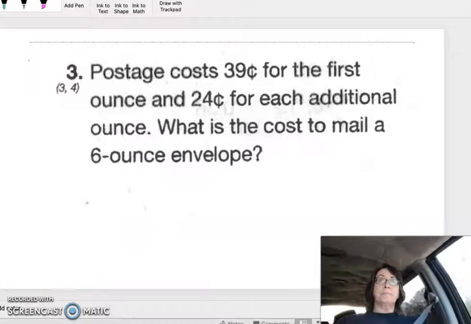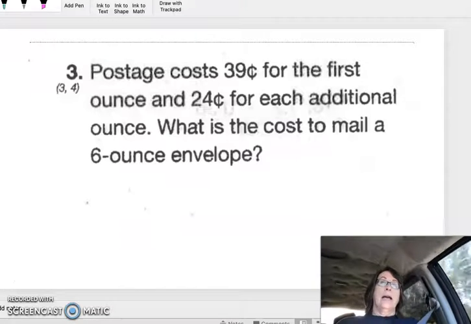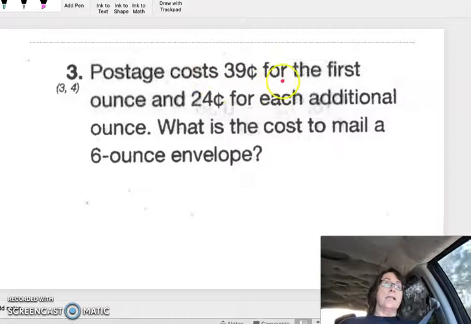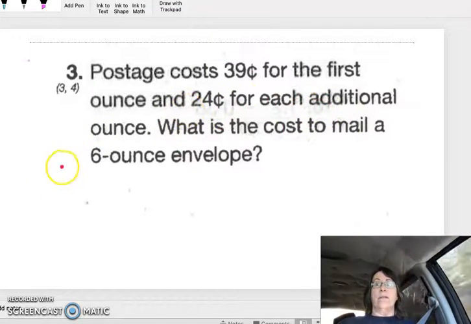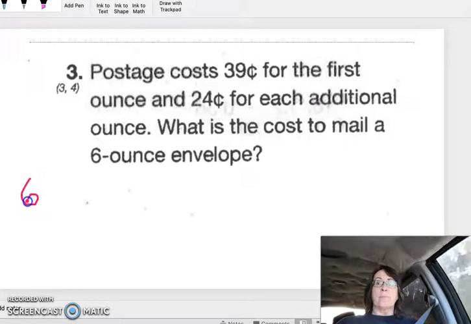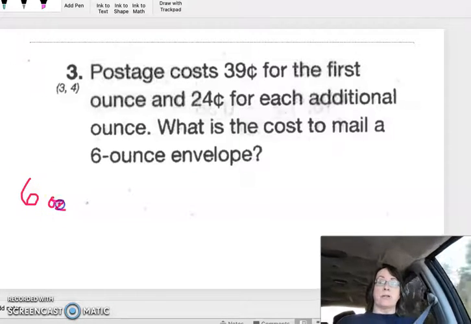$4.80. Number 3. Okay, postage costs 39 cents for the first ounce and 24 cents for each additional ounce. What is the cost to mail a 6-ounce envelope? So we have 6 ounces, but the first ounce has a special cost.